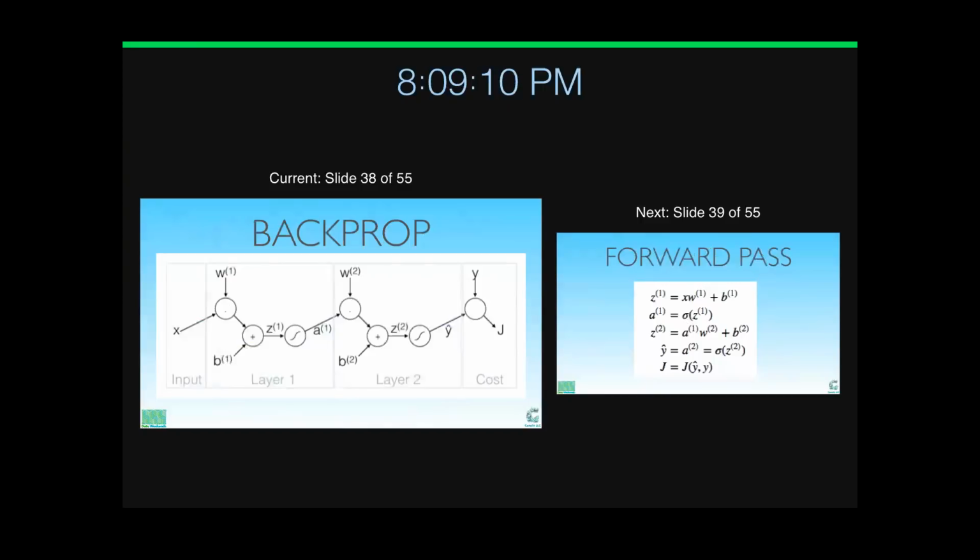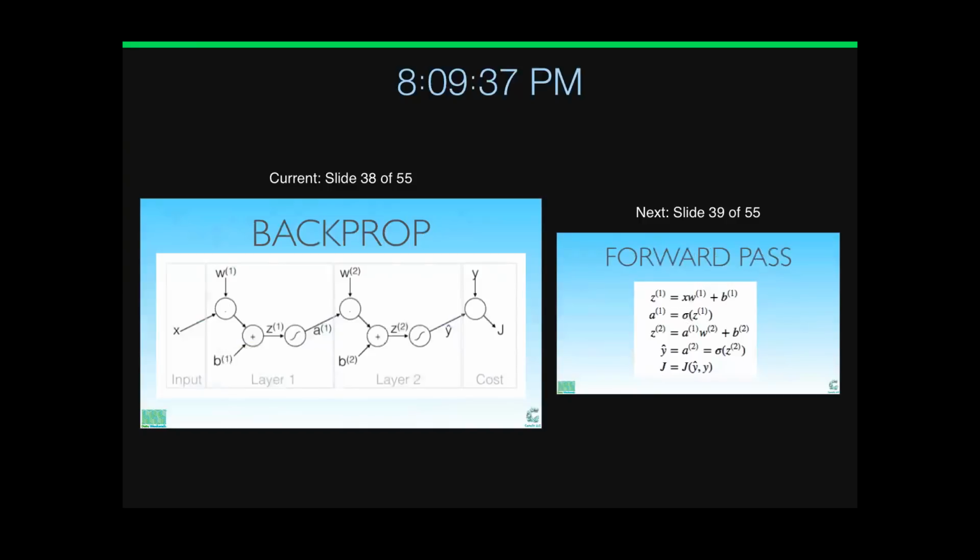Then I call this intermediate result Z. I apply an activation function. This is A. Then I multiply A with the new weight for the inner layer, add a new bias, that's Z2. Again, a sigmoid, that's my output. And the output gets combined with the label to produce a cost. So I have all the operations from the beginning to the end.